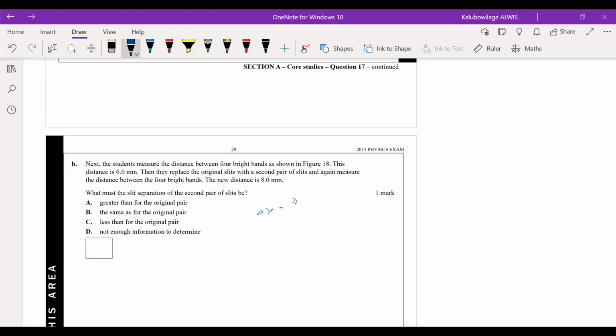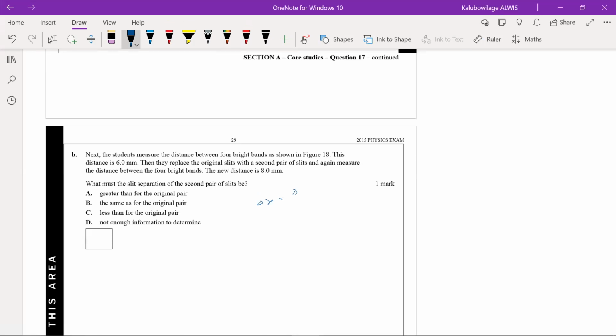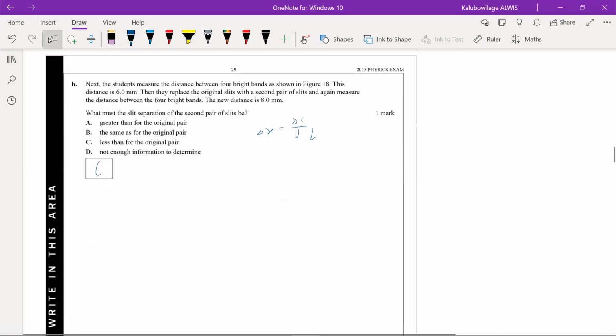They replace the original slits with the second pair of slits and again measure the distance between fringes. The fringe separation over the slit separation is increasing, so D must go down to be less than before.